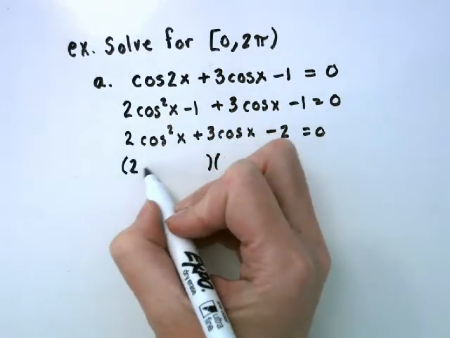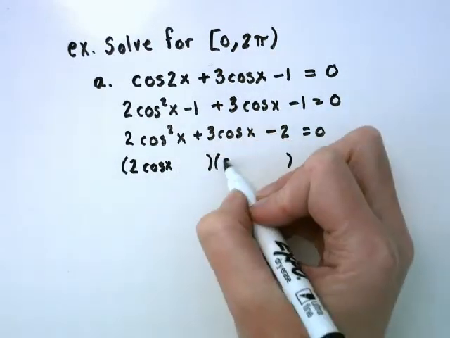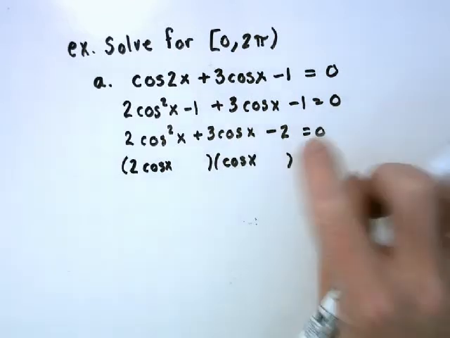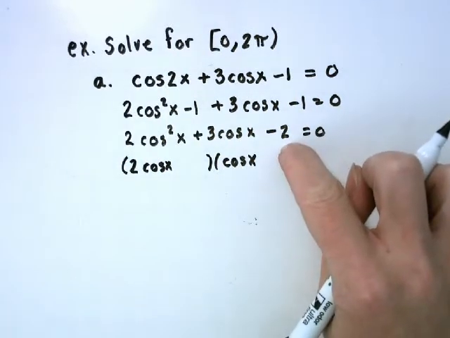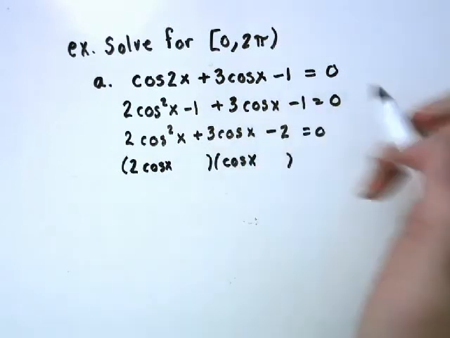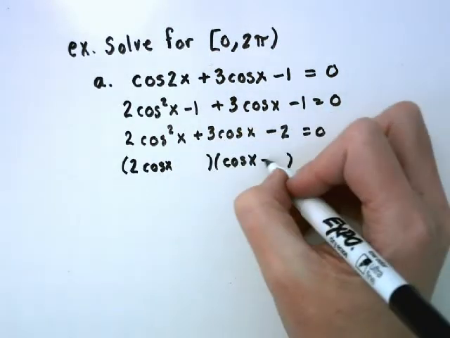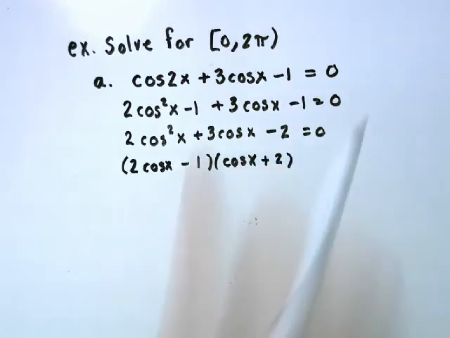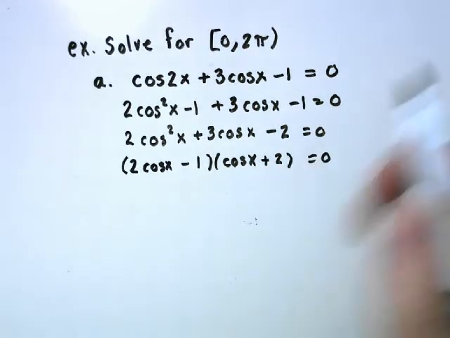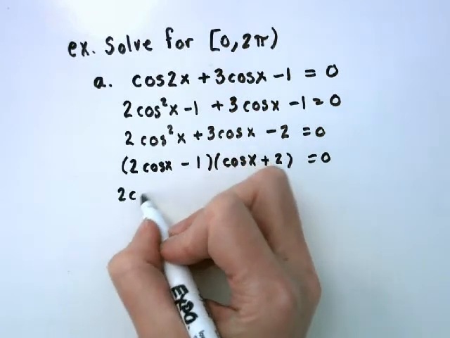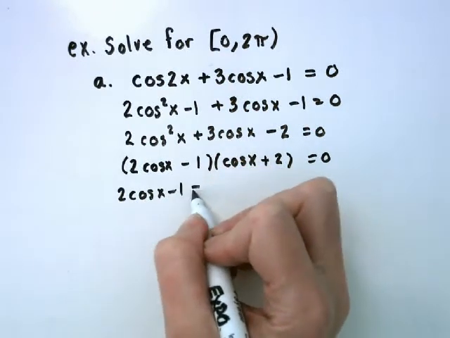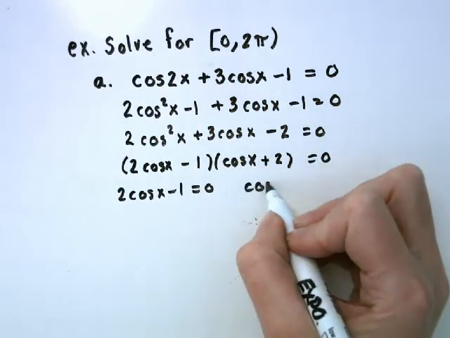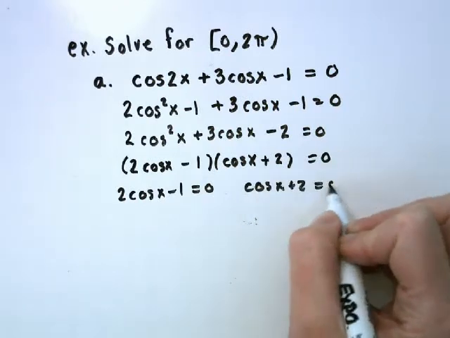So we're going to have a 2 cosine and a cosine. To get this negative 2, we've got a 2 and a 1, and then we want to think about how to get that 3. Well, if I multiply this 2 by a positive 2 and this 1 by a negative 1, I'll get that 3. So we have 2 cosine x minus 1 equals 0, or cosine x plus 2 equals 0.